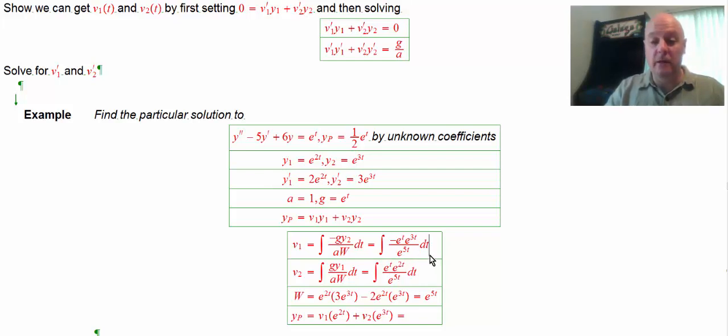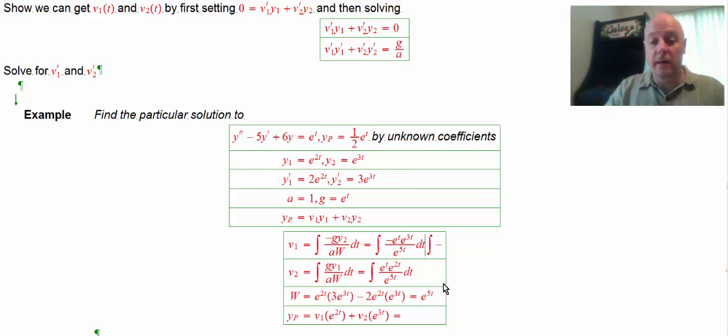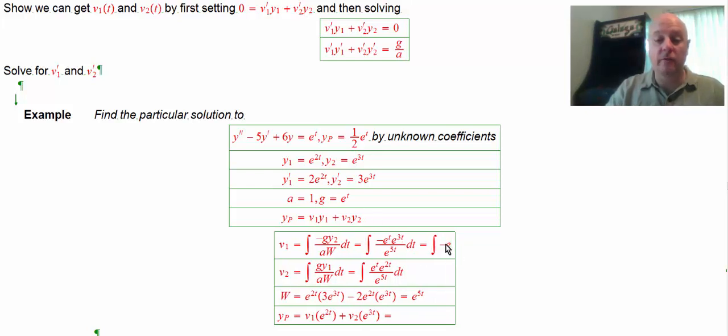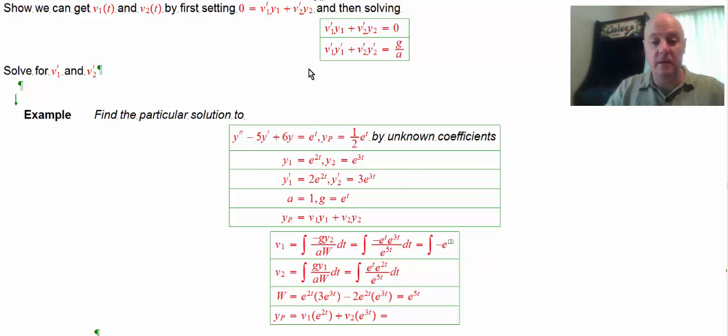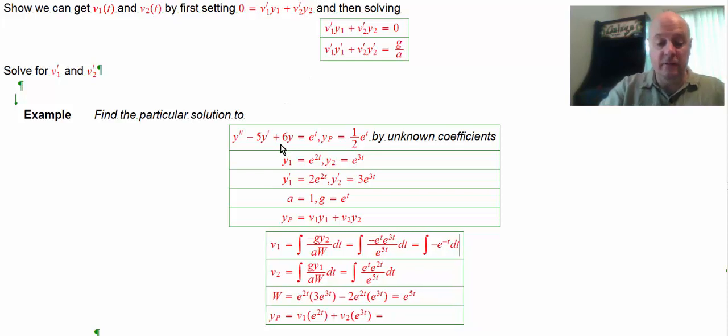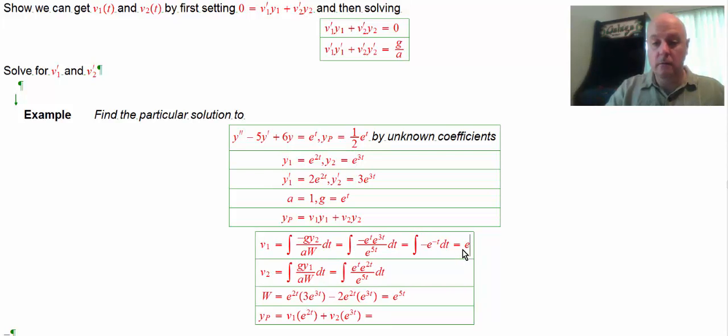When we're integrating here, what are we integrating? We're integrating minus, you got an e^4t on the top, e^5t on the bottom, so it just integrates to be e^-t. And we integrate that, we get e^-t.